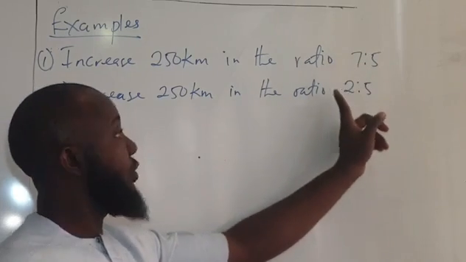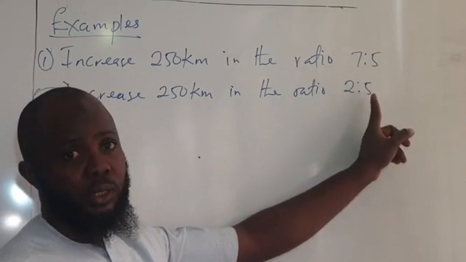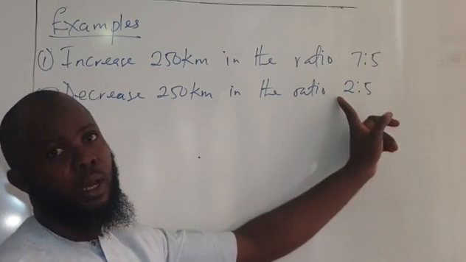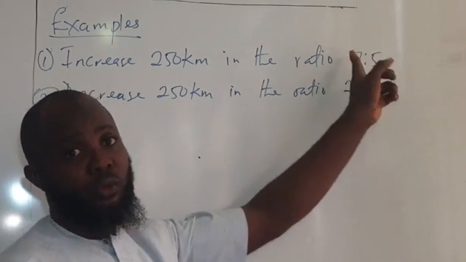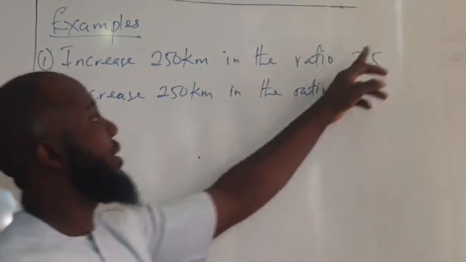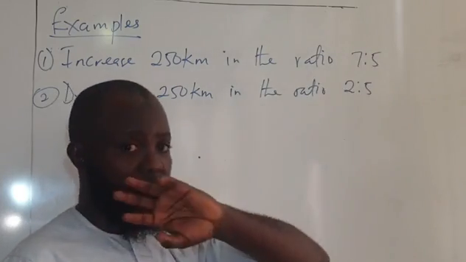That is an increase. In this other one, the first value is less than the second value, which is a decrease. So we are decreasing with this ratio and increasing with this ratio. In that case, the multiplying factor will be the ratio.